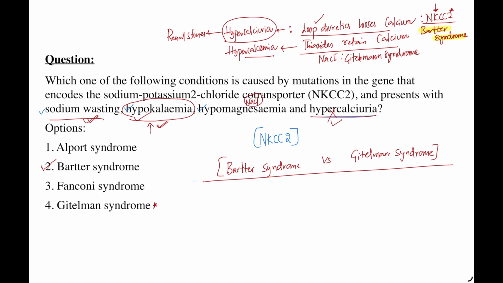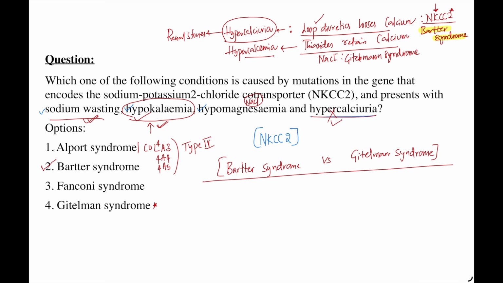Now coming back to Alport syndrome, it is a rare genetic disease. Here also you will see chronic kidney damage or injury, but this is because of mutations in collagen genes, that is collagen 4A3, 4A4 or 4A5. These gene mutations affect type 4 collagen. This is Alport syndrome.